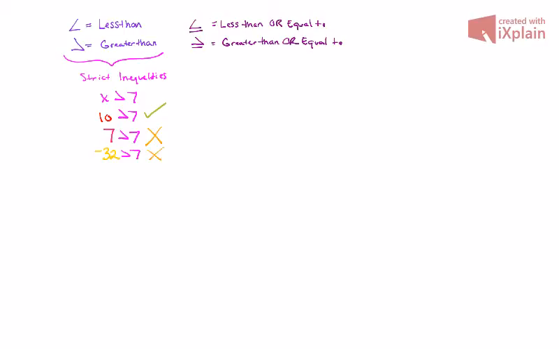With the other set of inequalities, when you bring in the equals, suddenly this would change. So if we start off with something like x is less than or equal to 3, and I say x is negative 56, negative 56 I would definitely say is less than or equal to 3. So we would call that good. If we move further up on the number line and say, what if I pick 3?